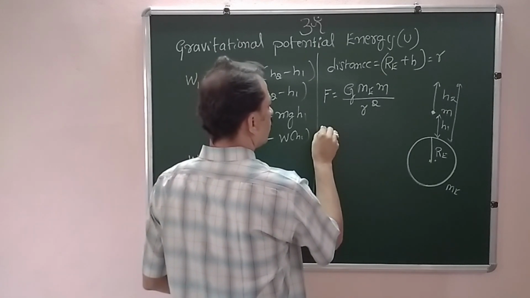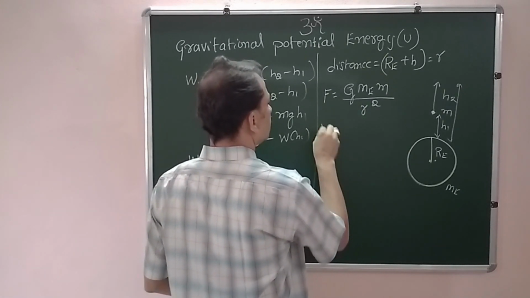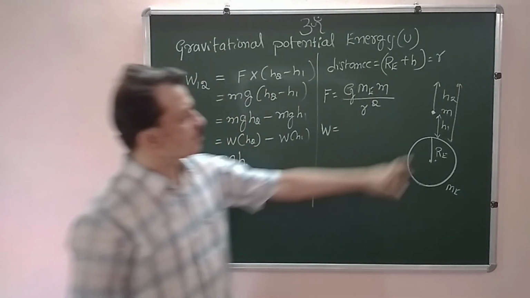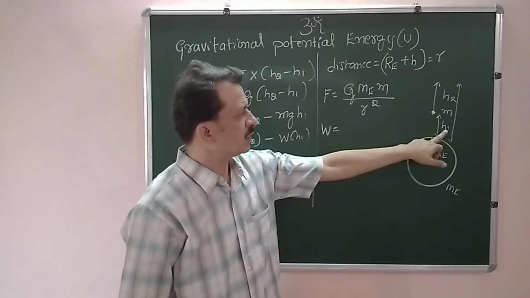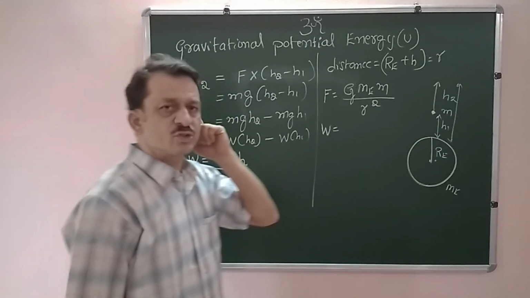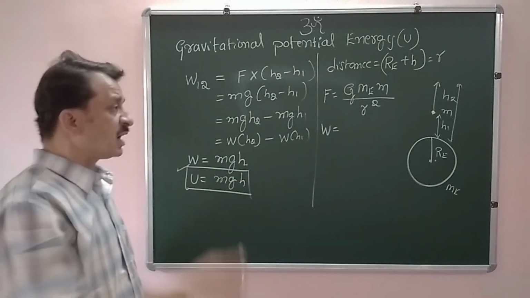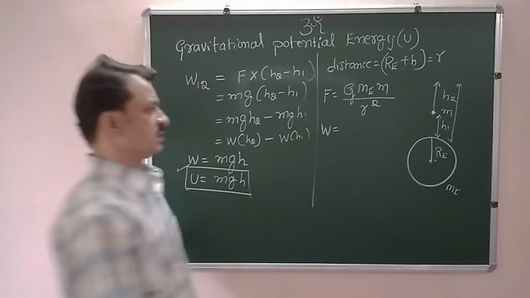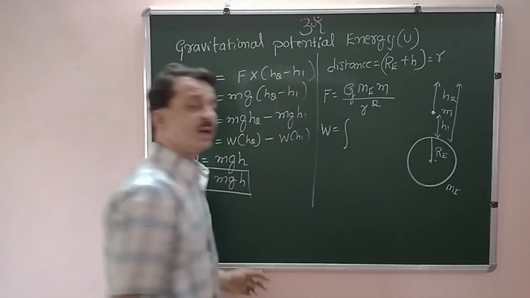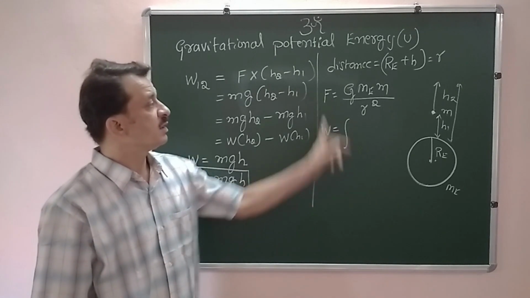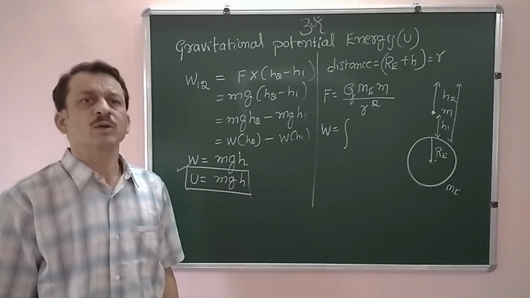Now, the work done in moving that point mass from height, here we have taken h1, so if you change it to r1, from the height r1 to the r2 height, that work done is obtained by integrating the above formula.